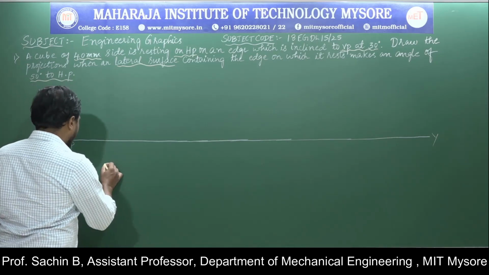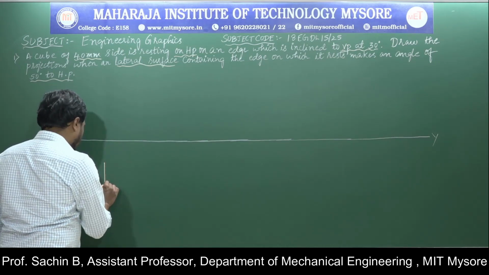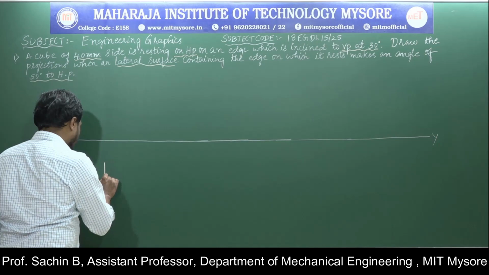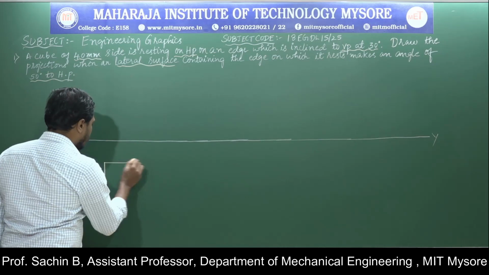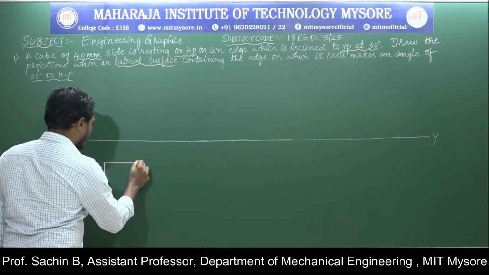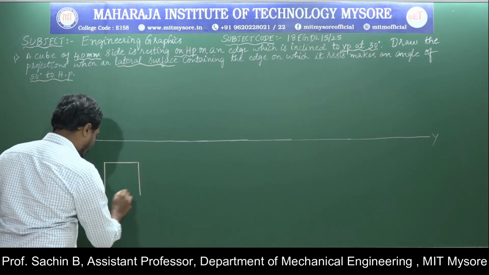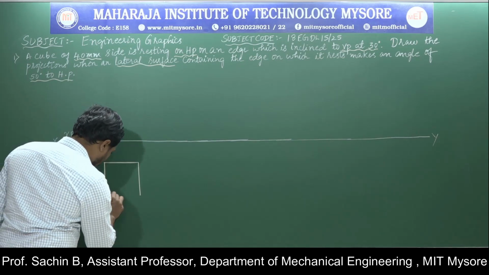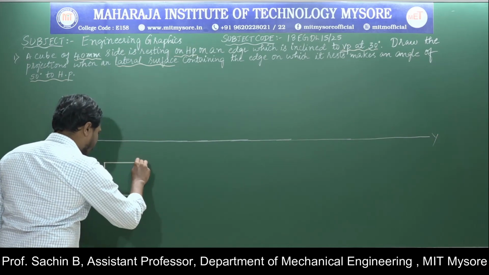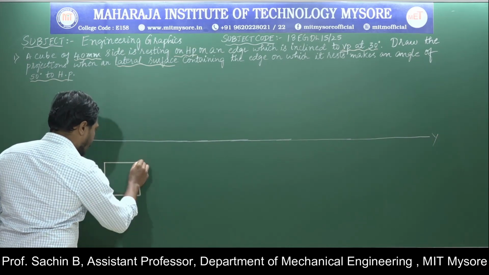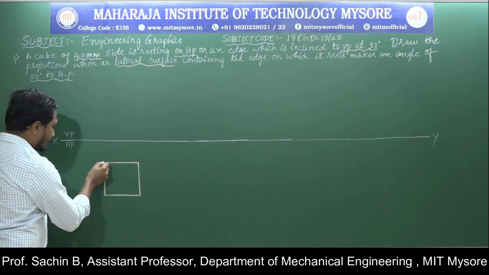Now I will draw a square of sides 40 mm, resting on edge condition. Now all the edges are visible.